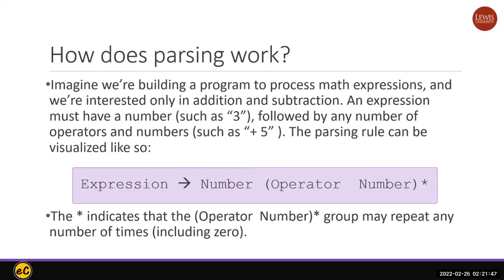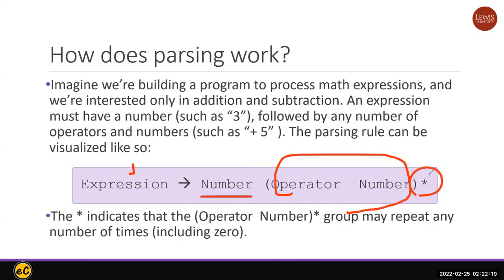Okay, how does parsing work? Imagine that we build a program that processes a mathematical expression, and we are interested in addition and subtraction. An expression must have a number such as 3, followed by an operator such as plus. Actually, the rule can be like this: you have one number followed by an operator and number, zero or more times.